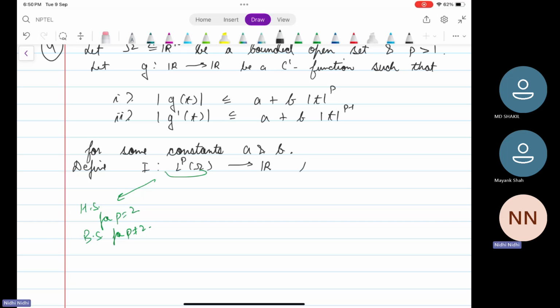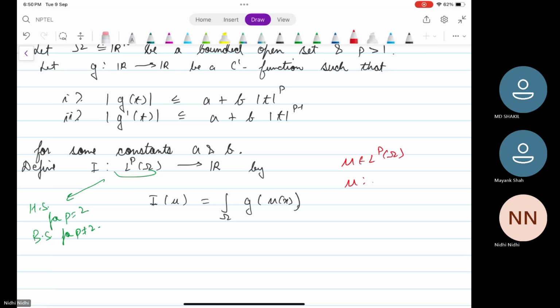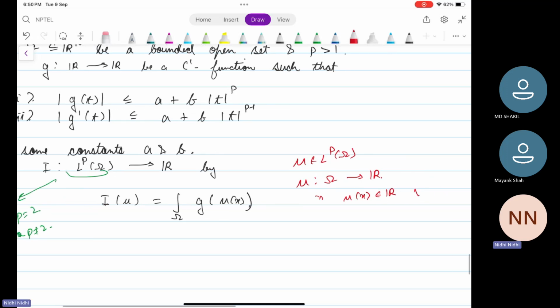To R, by I(u), if u is a function in L^p(omega), we define I(u) to be the integration over omega of g(u(x)). Now since u is in L^p(omega), that means u is a function from omega to R. That means u(x) is an element in R for every x.